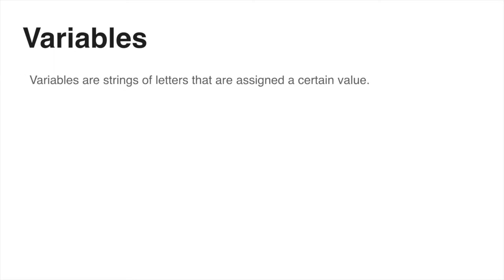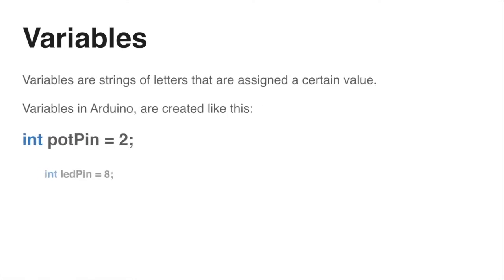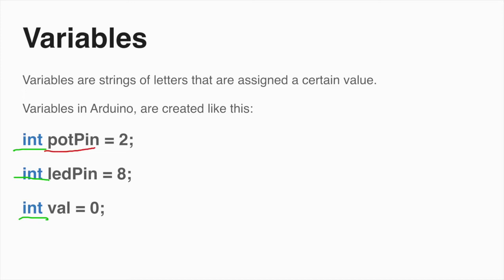Let's go back to the previous slide really quickly. I want you to notice that we have INT for each of these: INT, INT, and INT, 3 times. Then what's right after it, pot pin, is the name of our variable. LED pin is another name for a variable.